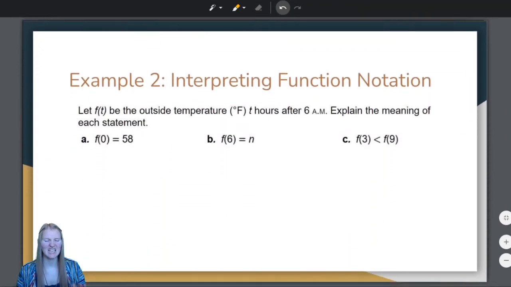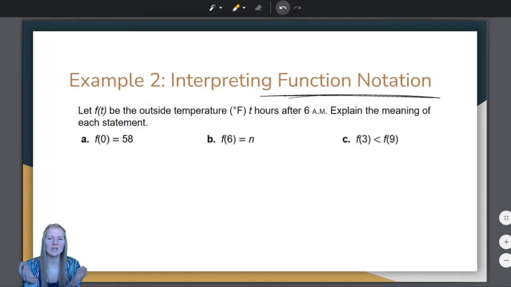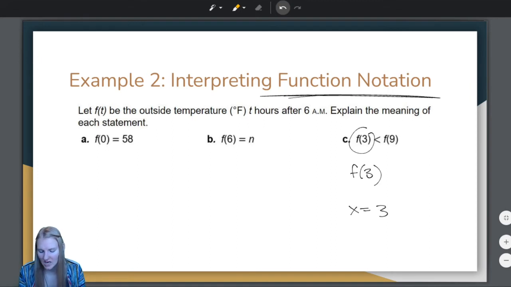Example 2, interpreting function notation. So in this example, you're going to see why we use function notation. Why is it helpful to use f of 3 instead of just saying y equals, whatever, when x equals 3?